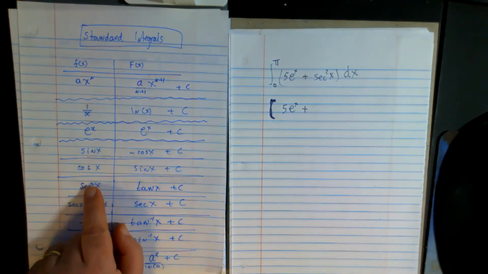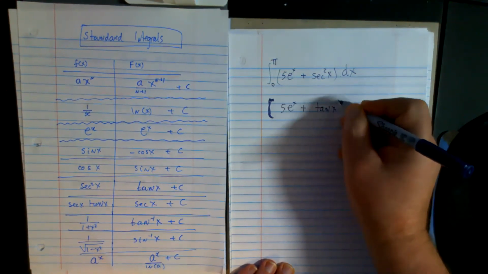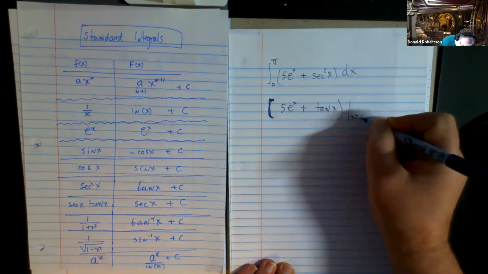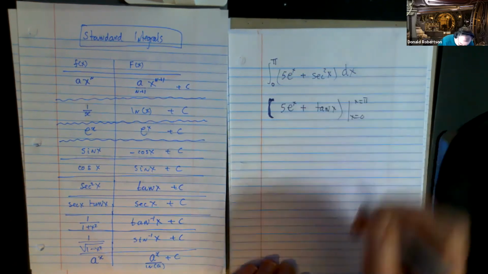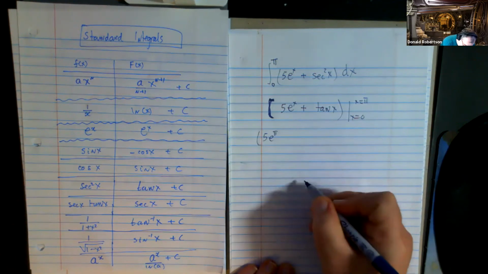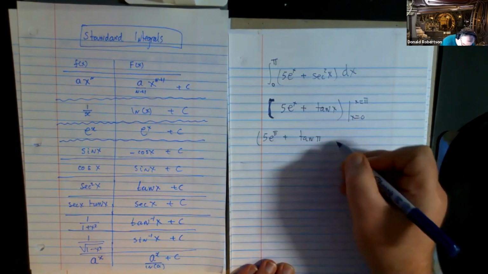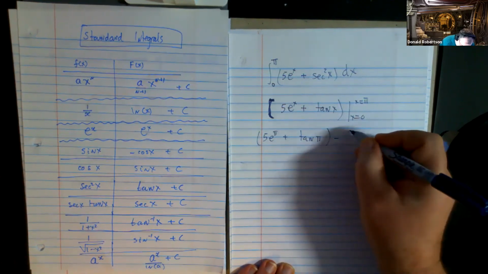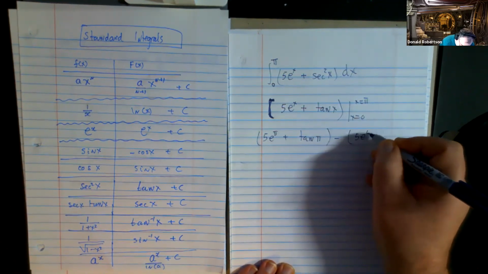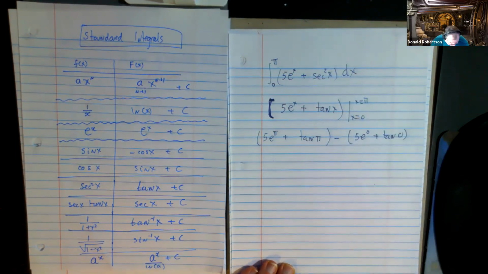Yeah, there it is there. And we're going to evaluate it at x equals 0, x equals pi. 5e to the pi plus the tangent of pi, take away 5e to 0 plus the tangent of 0.